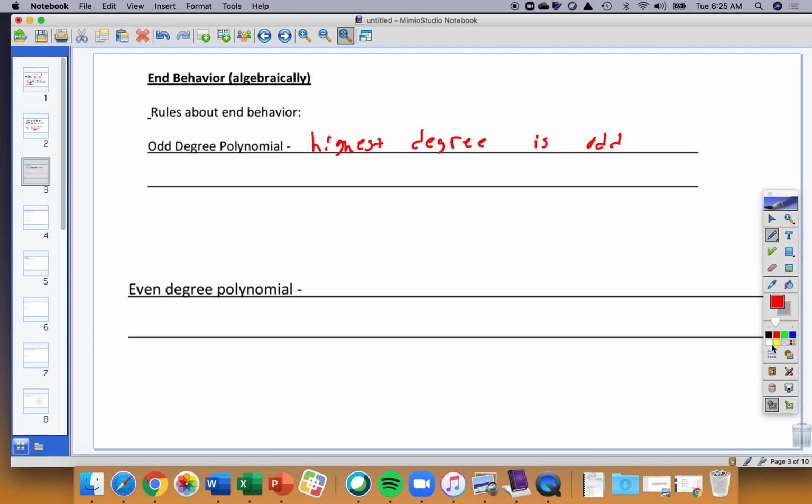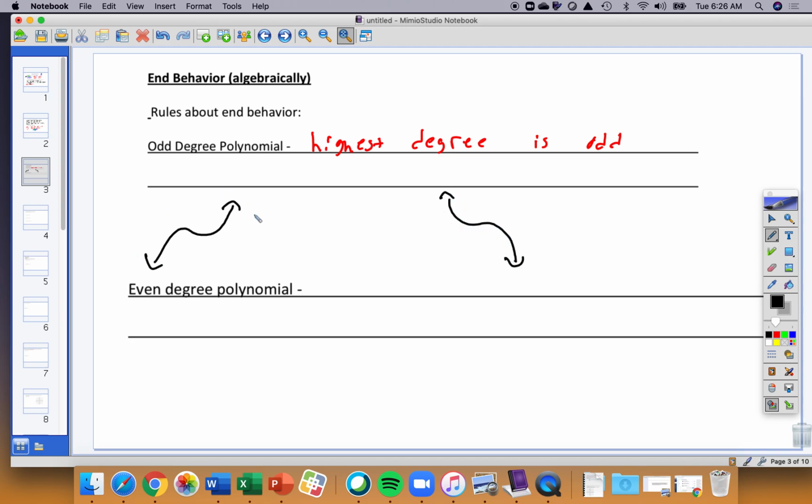And when the highest degree is odd, I hope you realize that I have two options. My function can look something like this, or my function can look something like this, where my end behavior is that I'm facing different directions.